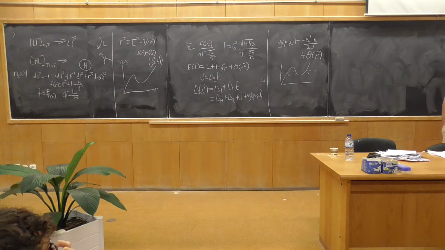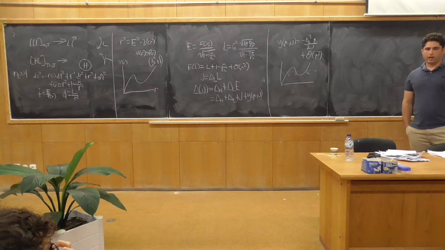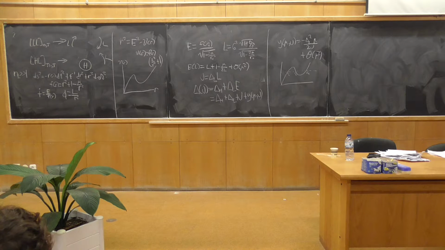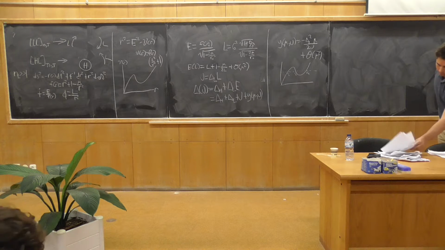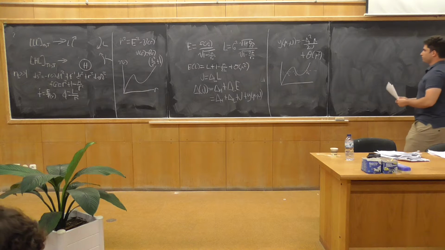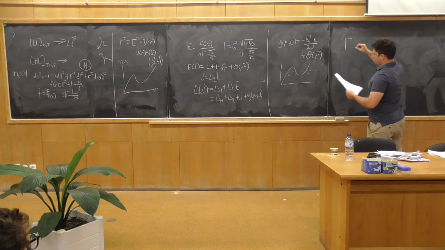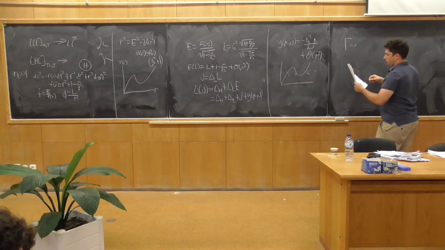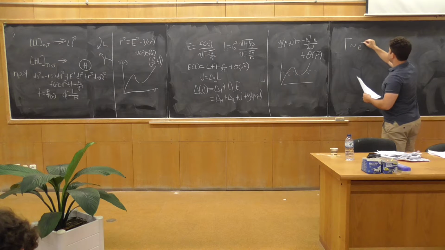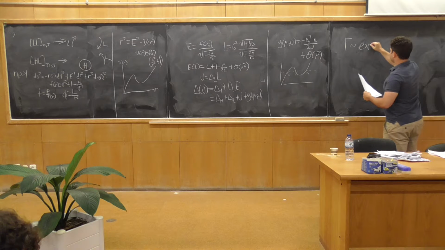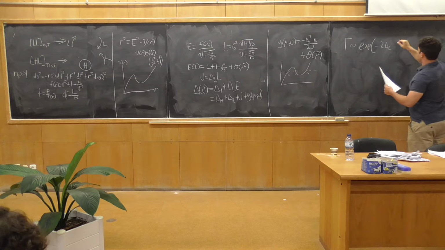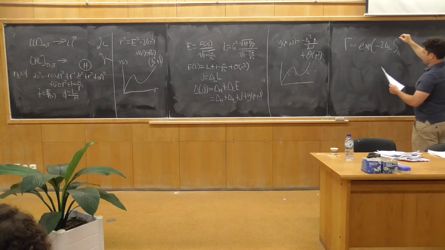So at CT equals infinity, there's no radiation, and we can just look at tunneling, and we can write down the tunneling amplitude. So the tunneling rate for tunneling over this barrier is as follows. So this is just the action.